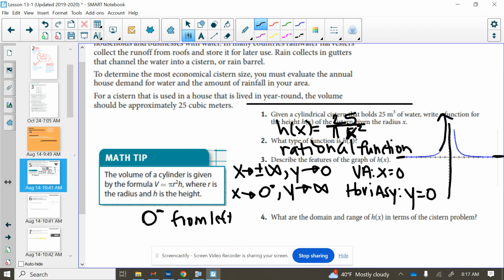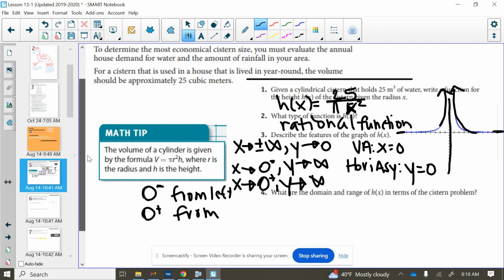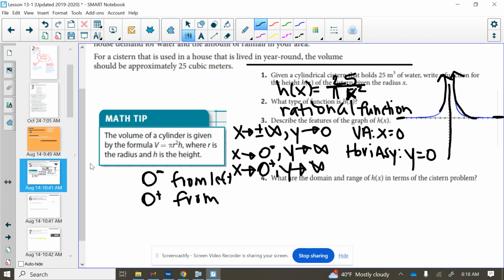As we approach 0 from the right-hand side, so again, if you see this little plus, that means from the right side of it, again, we're going up towards positive infinity. So there's not only end behavior at the end of our graph as the x's are getting bigger or smaller, but we also, with these rational functions, have end behavior around these asymptotes.